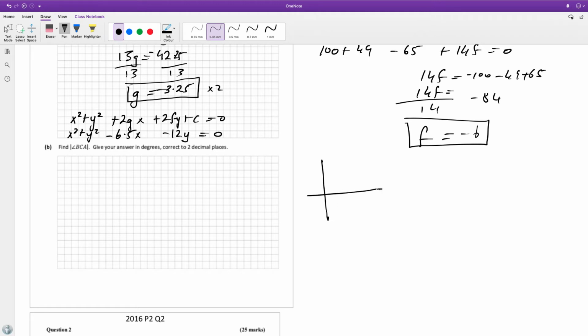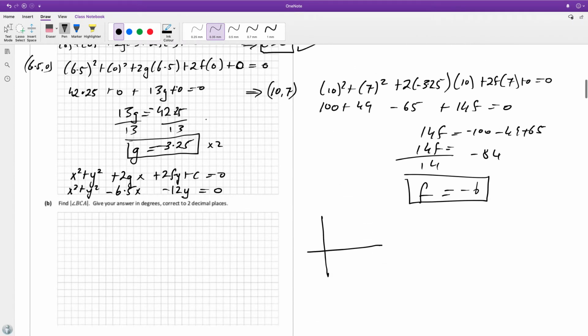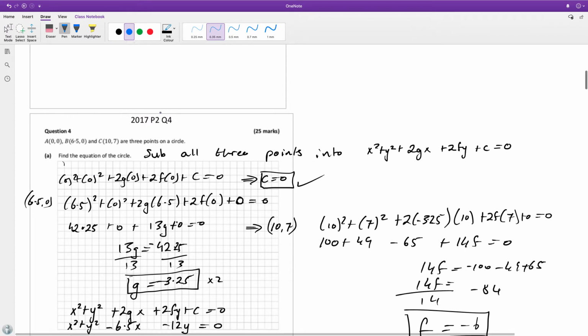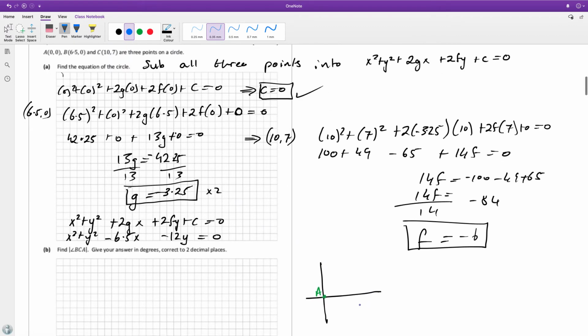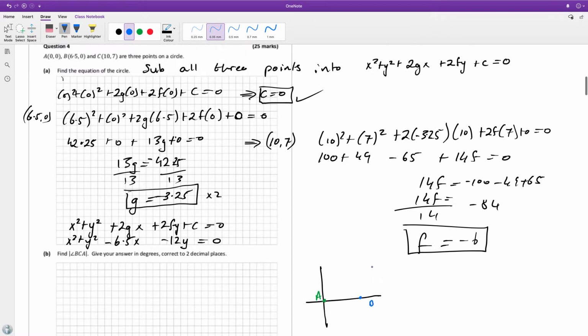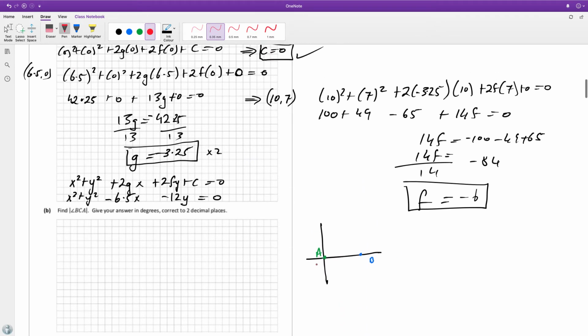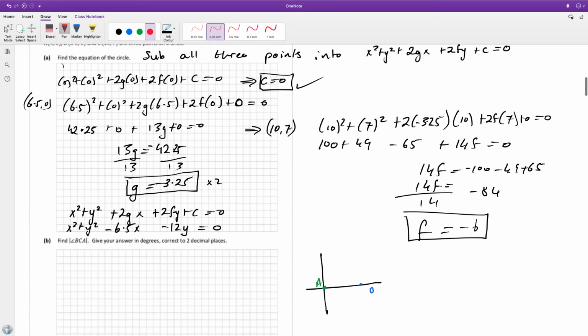So, quick little sketch. A is the point 0,0. B is the point 6,0, so out to 6. And C is the point 10,7, out to 10, up to 7. There's C.